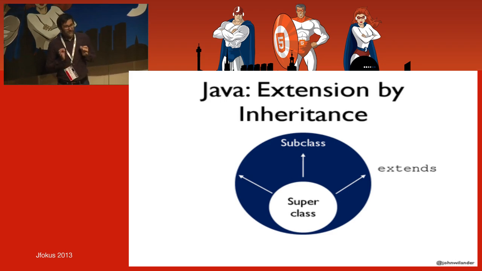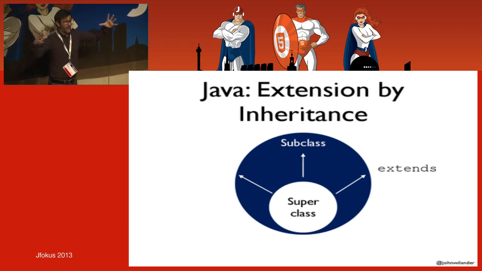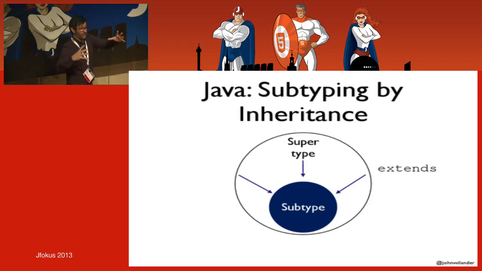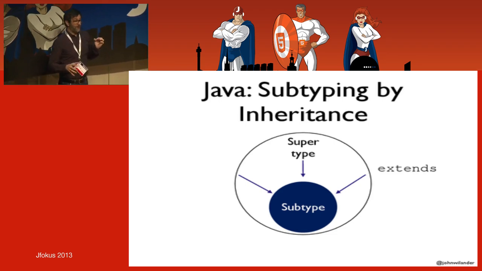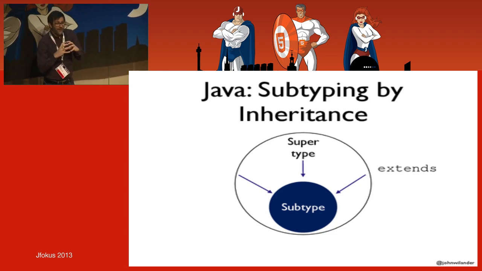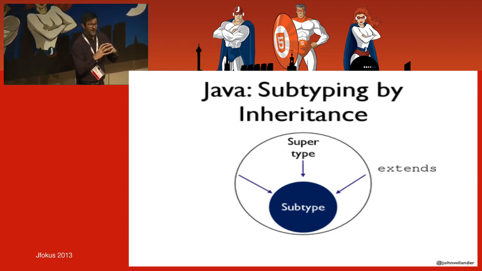So when we inherit in Java, we both do extension, which means that we're going from a superclass and we extend it with more functionality into a subclass. We're adding more stuff, perhaps even more state. But we're also subtyping, meaning that we go from a super type to a smaller subtype, and smaller in the sense of being more specific.